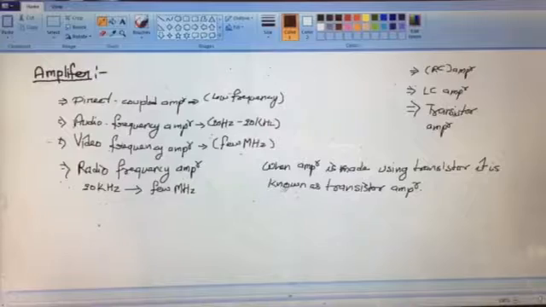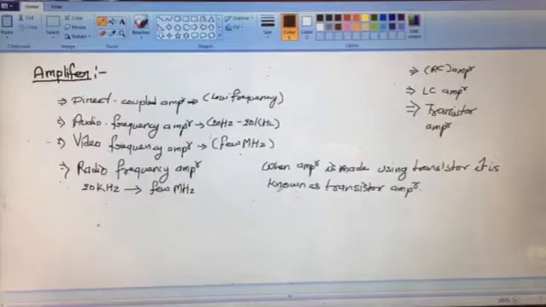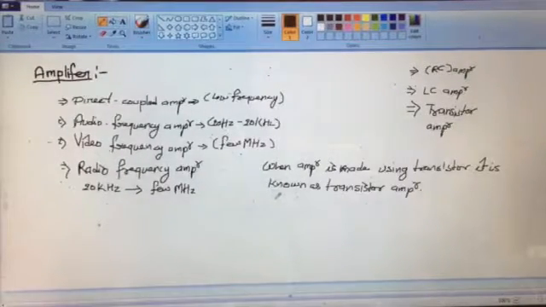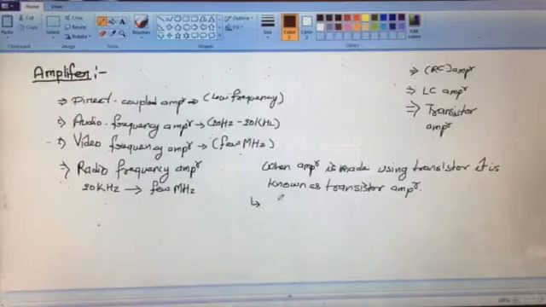Now in case of transistor we deal with only BJT, so here we will make our amplifier with the help of BJT. And in case of BJT it's necessary to fix the biasing, that means the quiescent point or operating point of the transistor. On that basis, the mode of operation further classifies the amplifier into several categories.